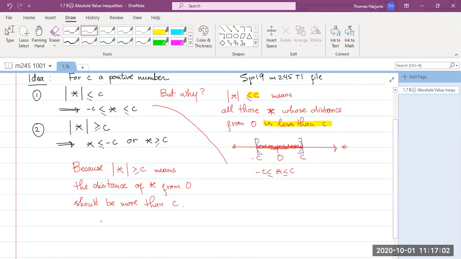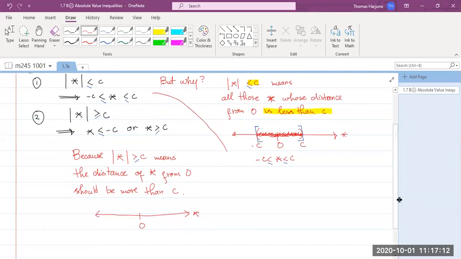Now on the number line, when we try to picture that, let's say this is 0 and this is the number line for blah. The blah that is more than c units from 0 should be located to the right of c or to the left of negative c.